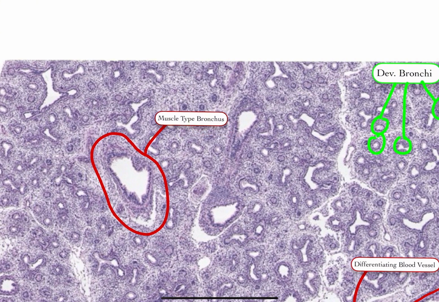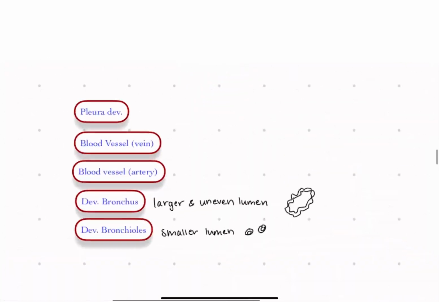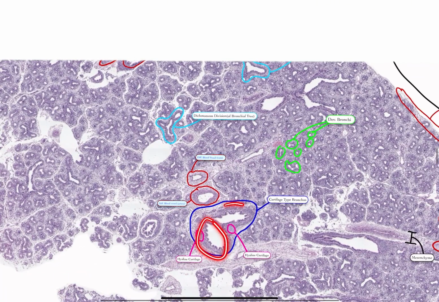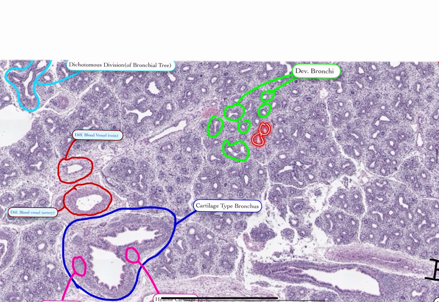However, there is a difference between the professors in regards to what are bronchi and what are bronchioles. So according to Professor Vaivads, the bronchi are these larger openings like so, while the bronchioles are the smaller openings. Professor Rona, however, accepts both as bronchi.